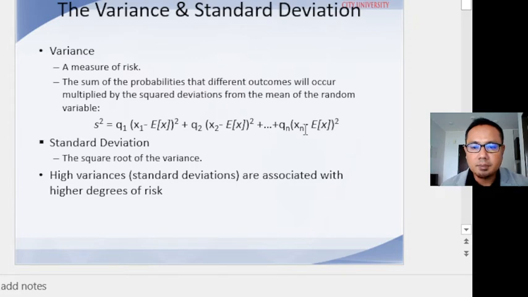So variance is a measure of risk. As we can see from this equation, it is the squared deviation from the mean of the random variable.